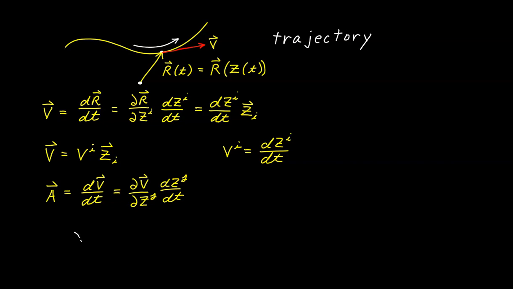And to do that, we were in the process of finding the partial derivative of a vector t with respect to coordinate zj. And if you remember how that worked out, we expressed our vector t as a linear combination.